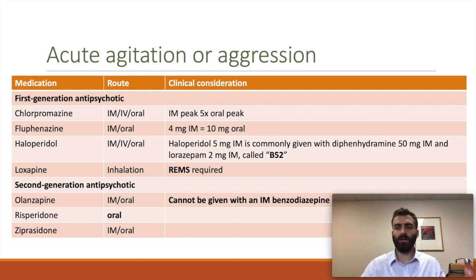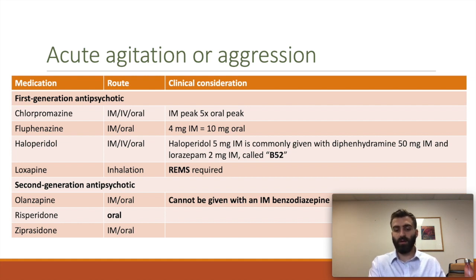Chlorpromazine is sometimes used as well, and that's a lower potency first generation. And then fluphenazine IM, I don't see all that frequently, but sometimes I do see it. The final first gen is loxapine. Loxapine staccato comes as an inhalation. It is an inhalation agent.